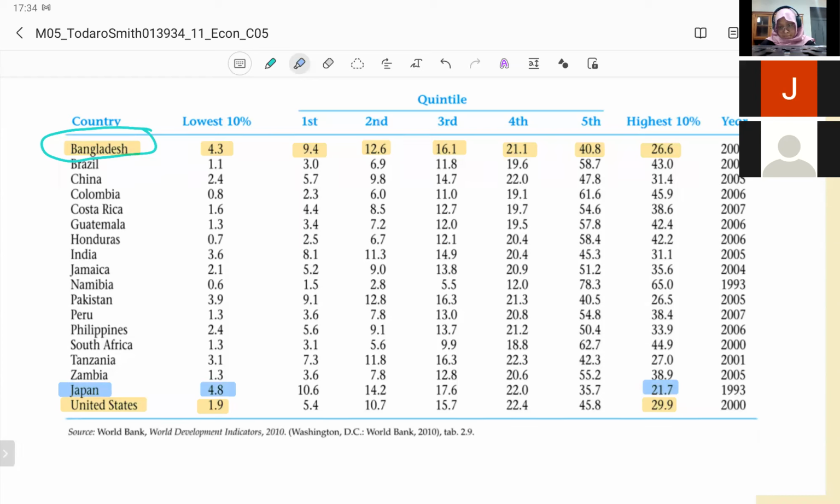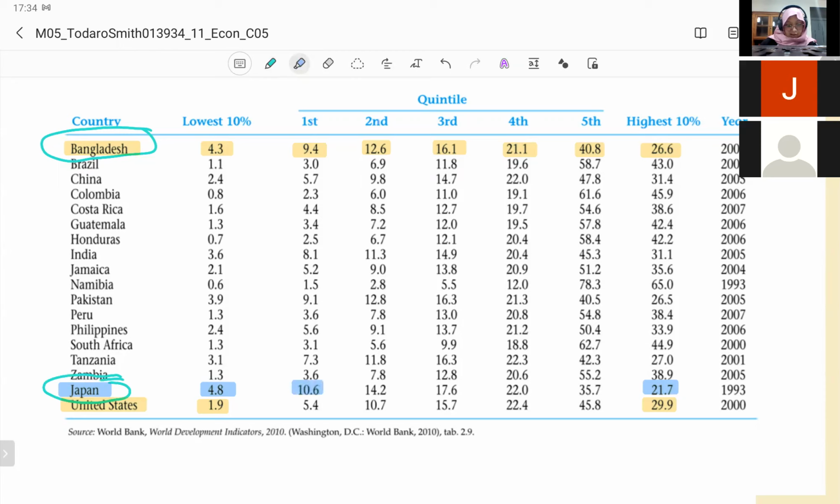It seems like compared to the other countries here, Japan is rather equal. Not other countries that are not here, but compared to the countries here, Japan is actually quite equal. Because take a look at this.